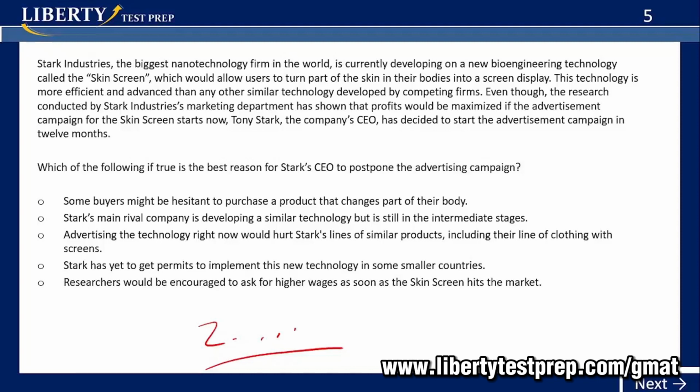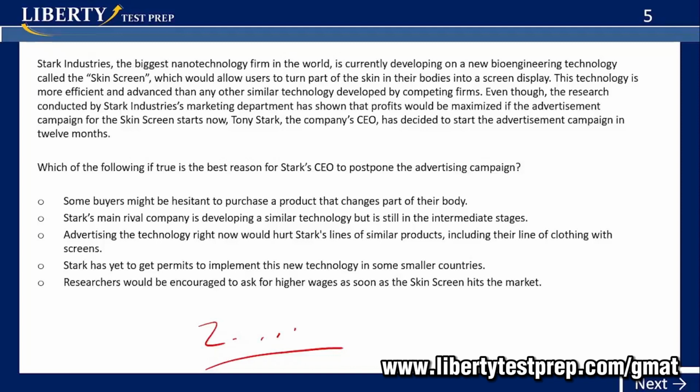Stark Industries, the biggest nanotechnology firm in the world, is currently developing a new bioengineering technology called the skin screen. Okay, that's a weird and sexy name, right? Which would allow users to turn part of their skin in their bodies into a screen display.